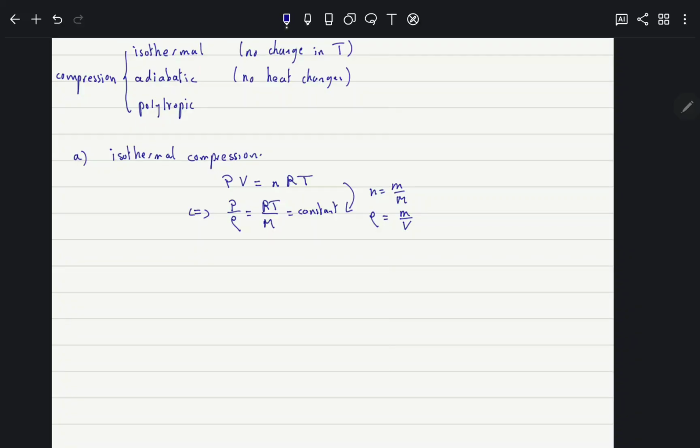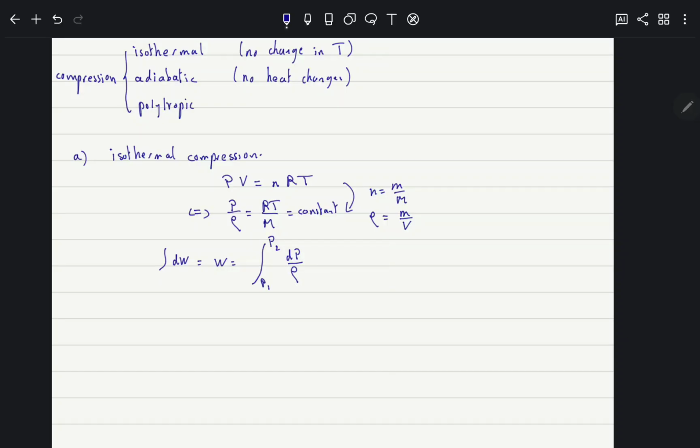All right, so now we're going to use this to integrate dW. So W is going to be equal to the integral from P1 to P2 of dP over rho.